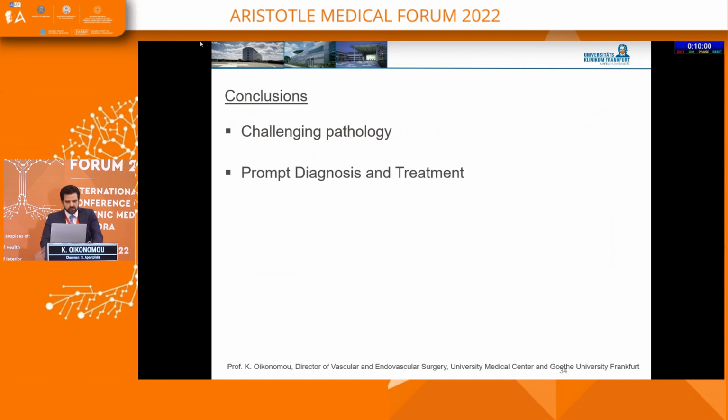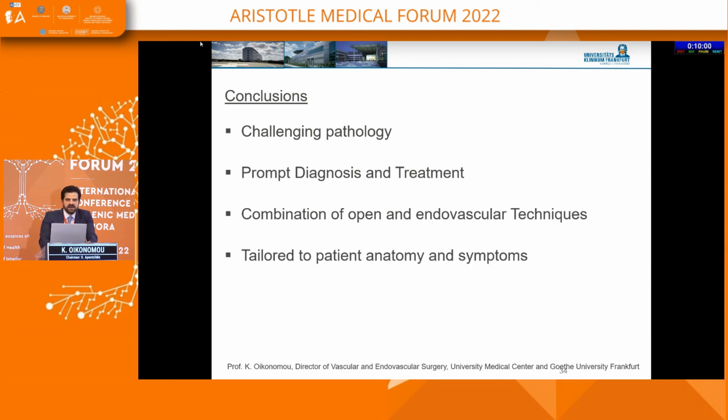So in order to conclude, acute aortic syndrome is a challenging pathology. It requires prompt diagnosis and treatment. We have a combination of open and endovascular techniques at our disposal at the moment, and we have to use both of these techniques tailored to specific patient anatomies, to the symptoms of the patient, to the clinical presentation, and to the vessels that are indeed affected by the dissection.